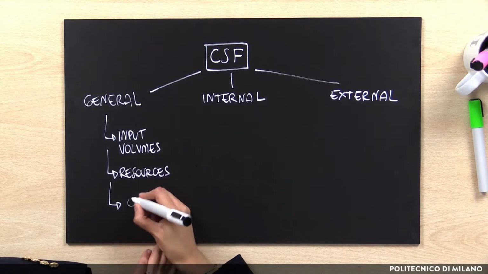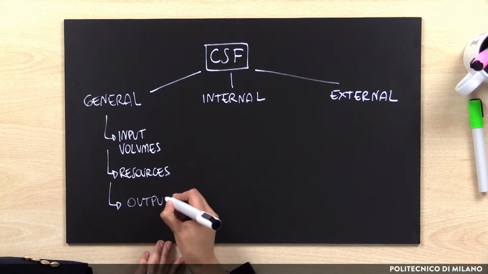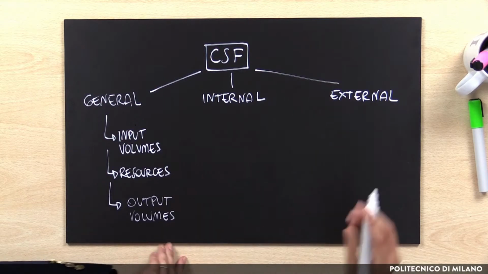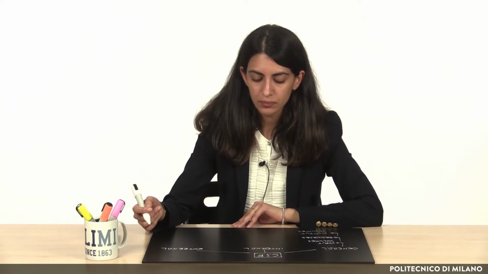Intangible resources, such as information or competencies needed in the process, or special resources, which are those resources that are peculiar to the specific process. Finally, among general indicators of performance, we can measure output volumes that represent the number of units of product or service that are realized within the process.